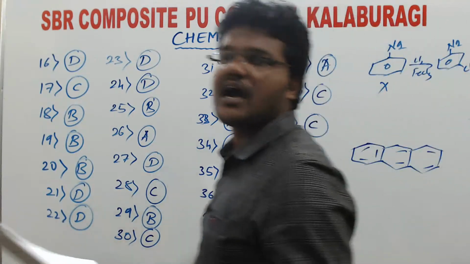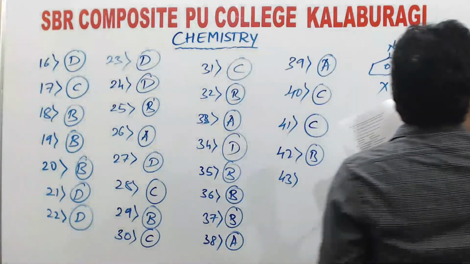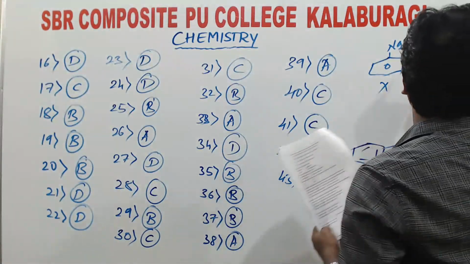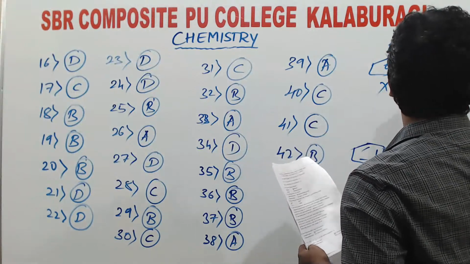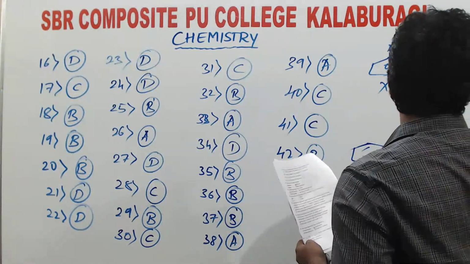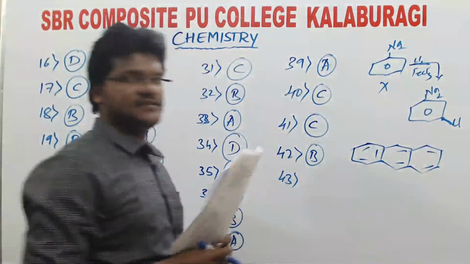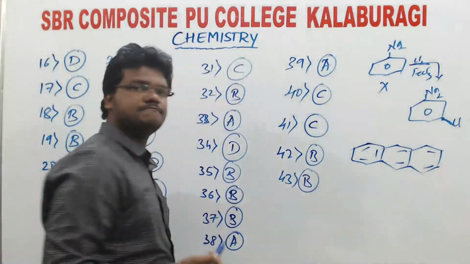So it is meta-chloronitrobenzene, or you can say 3-nitrochlorobenzene. I'll write this structure over here if it is not visible. Chlorination in presence of FeCl3 will give you 3-nitrochlorobenzene. So option number B. 43, it is option number B.